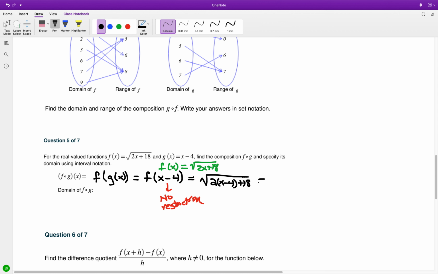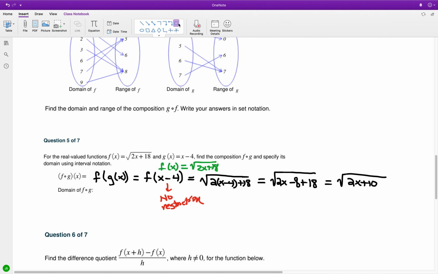So we have the square root of 2x minus 8, followed by the addition of 18, and we end up with 2x plus 10.